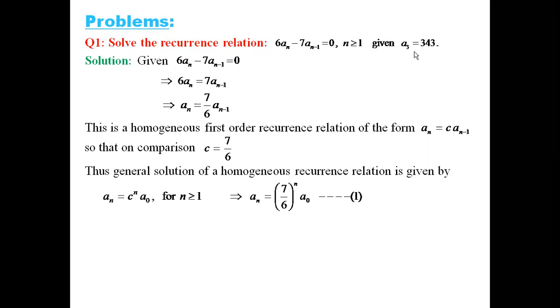One of the initial values is given for us, that is a_3 equal to 343. So we use this initial condition in equation 1, which will help us to find the value of a_0.